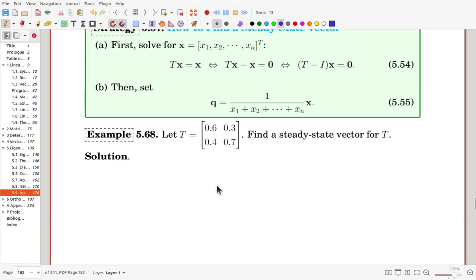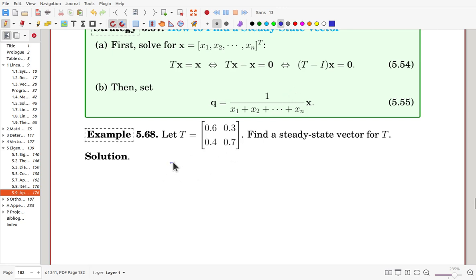Okay, let's see this example. This is a transition matrix, the summation is 1, and the entries are non-negative. Now, we want to find a steady-state vector for T. So we have to solve the problem.